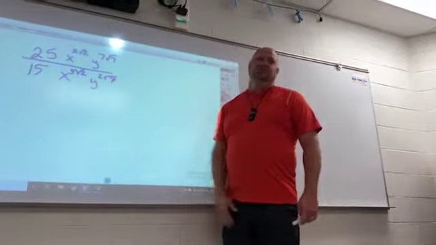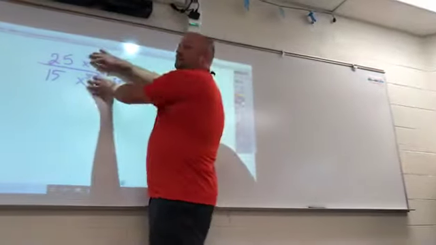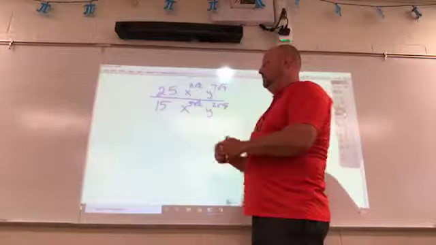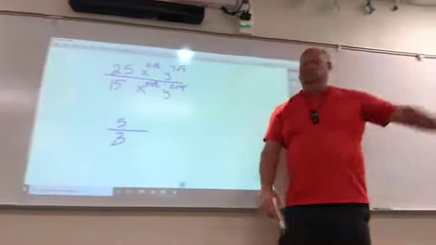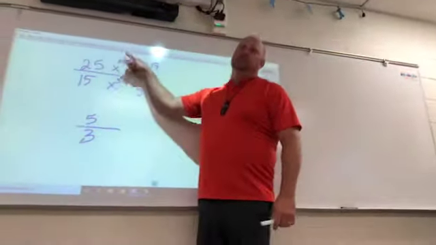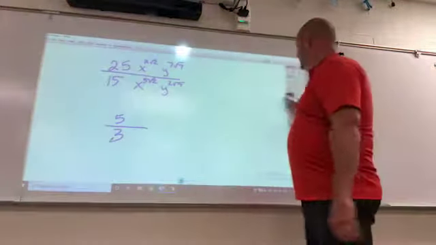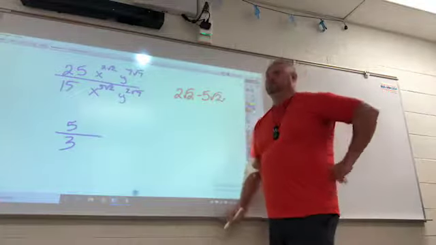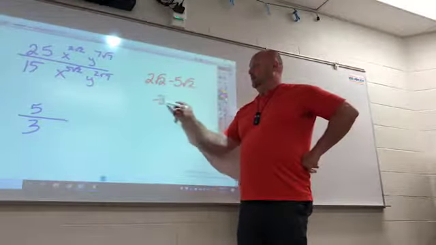What do you think you do with the 25 and the 15? Reduce it. If nothing else was there and it was just 25 over 15, what would it reduce to? 5/3? Yes? Easy? What's my rule say I got to do with my exponents when I have the same base? Subtract. Now, 2 root 2 minus 5 root 2 is -3 root 2.